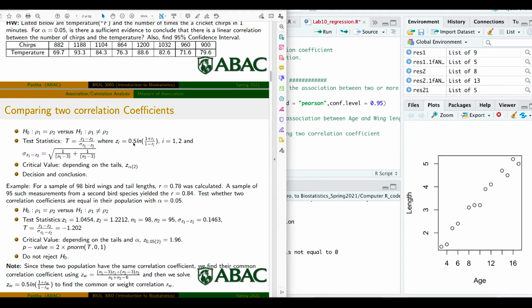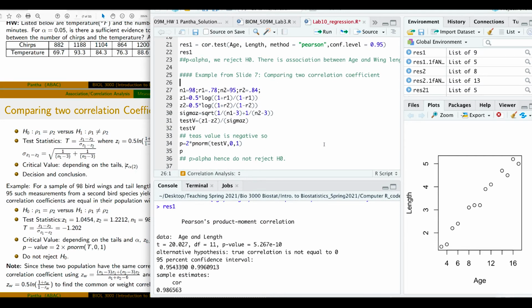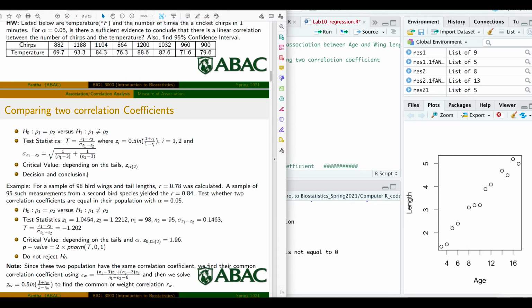Okay, let us do one example here. For a sample of 98 birds, wing and tail lengths. So you are taking a sample of 98 birds and they have the measurement of wing and tail length. So there are 98 pairs of data, right?